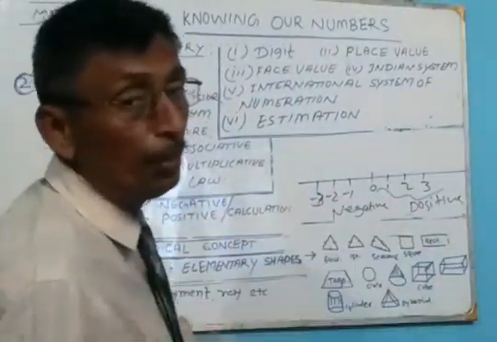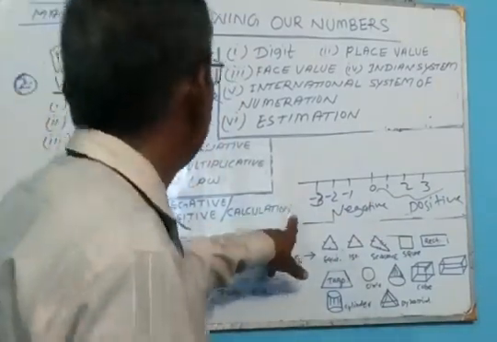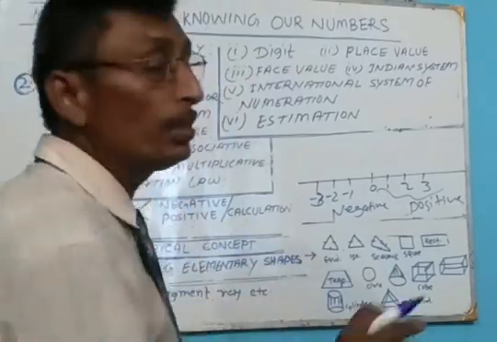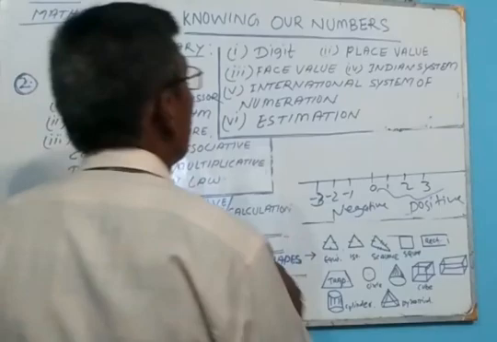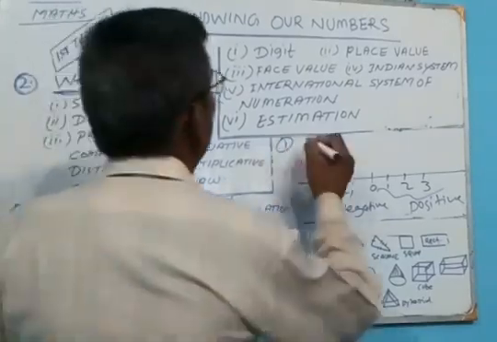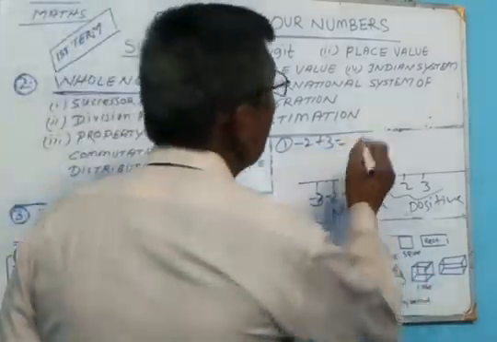By the help of this number line we calculate the problems. So under calculation we have to describe it. Suppose that we have the calculation -2 plus 3. What will be the answer?